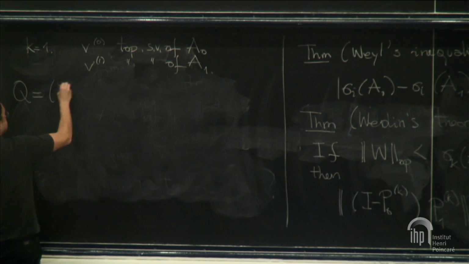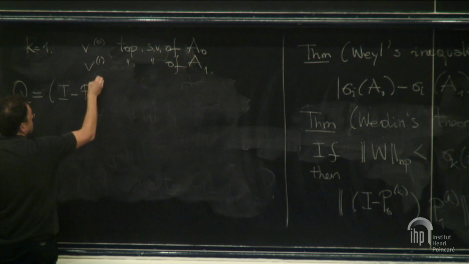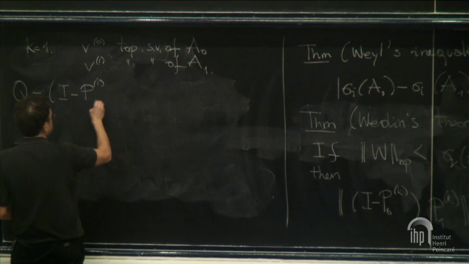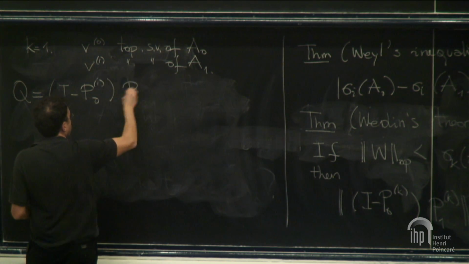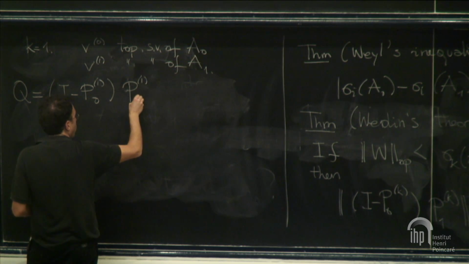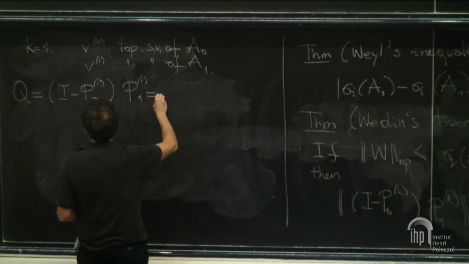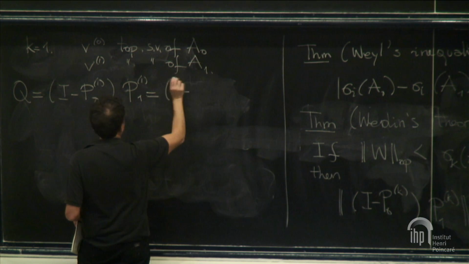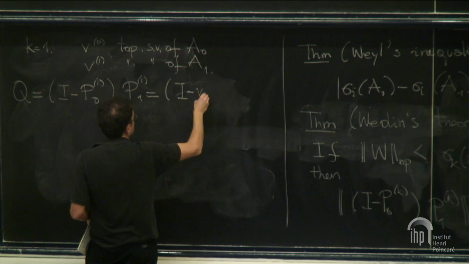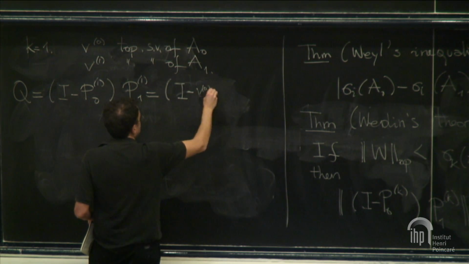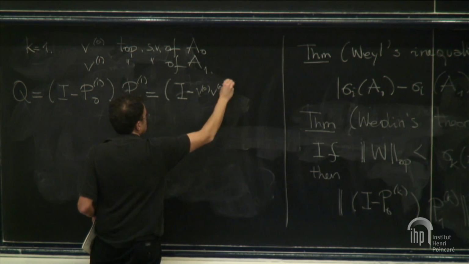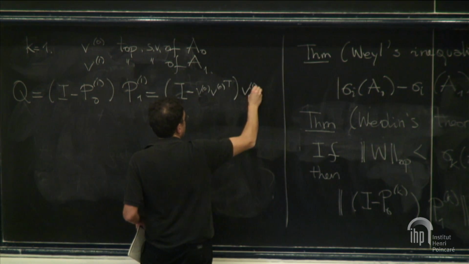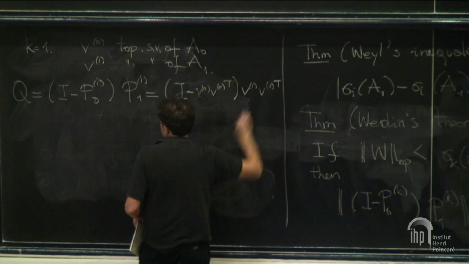If I call that matrix Q, this is just 1 minus V0 V0 transpose times V1 V1 transpose.